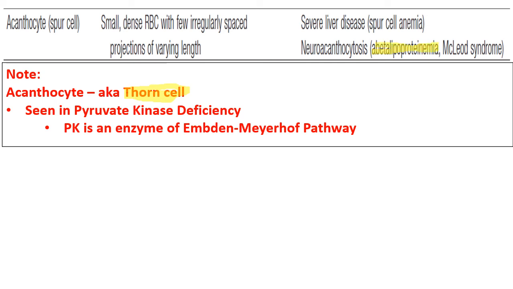And pyruvate kinase deficiency. Pyruvate kinase is actually an enzyme which has an important role in the Embden-Meyerhof pathway. So, babalikan natin to pagdating natin sa mga disorders of RBCs.